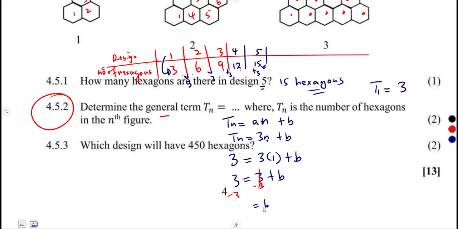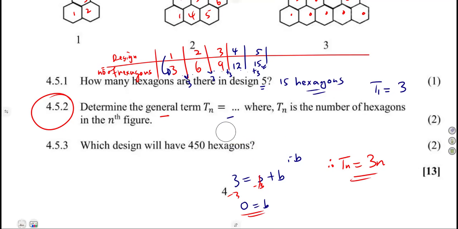So b is going to give us 3 minus 3, that's a 0. So here you are going to put a 0 in place of b. Therefore, our Tn is going to be 3n, all right? 3n plus 0 is 3n. There is nothing that you're adding there. That's your Tn. So many ways of finding this, guys, all right?